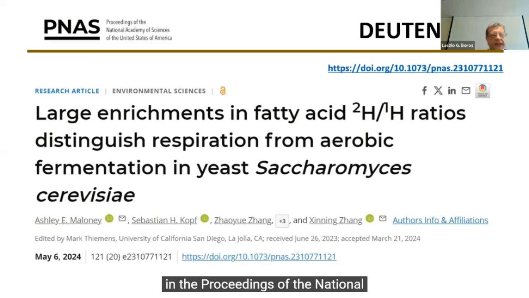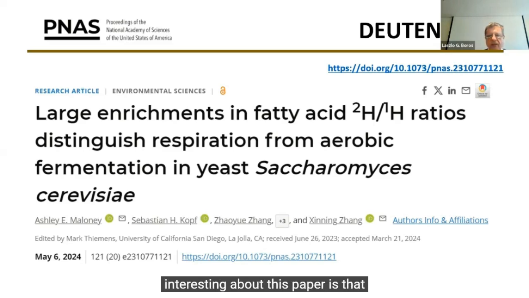Now, in the Proceedings of the National Academy of Sciences of the United States, in 2024, there was a paper called Large Enrichments in Fatty Acid Proton Deuteron Proton Ratios Distinguish Respiration from Aerobic Fermentation.